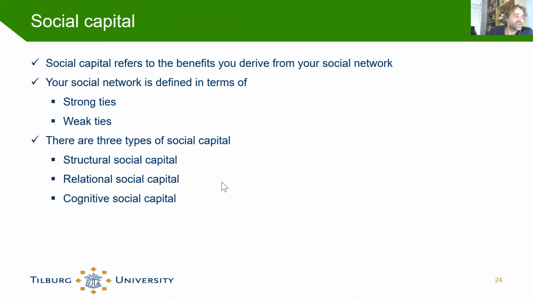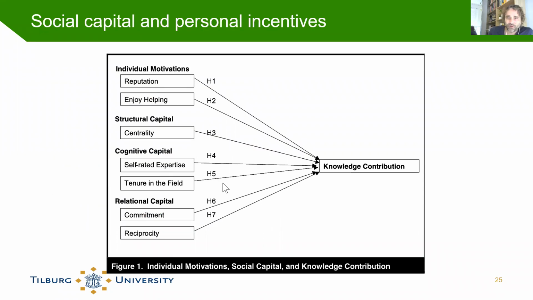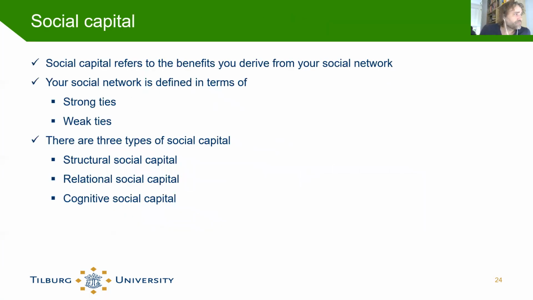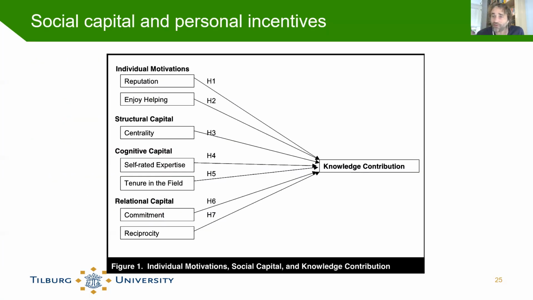But the most important thing is to remember that social capital matters. And well, I'm not sure if I have a slide for that. No. And if you think of social media, so if you think of what social media and computer-mediated communication can do, so if you think of before the break and the previous lecture, you can see all kinds of connections between social capital and social media.